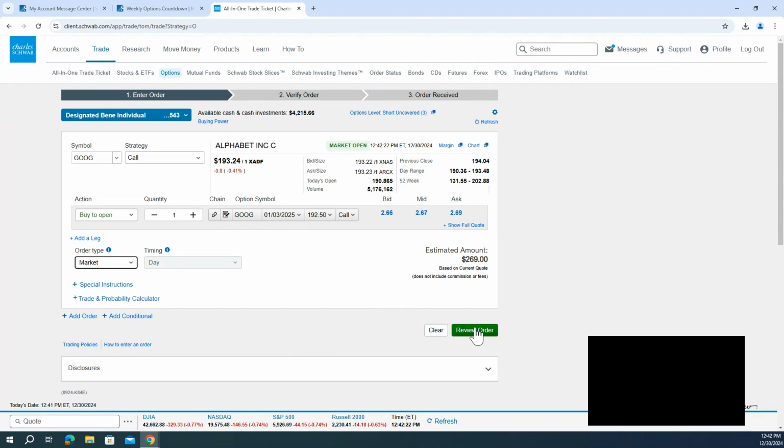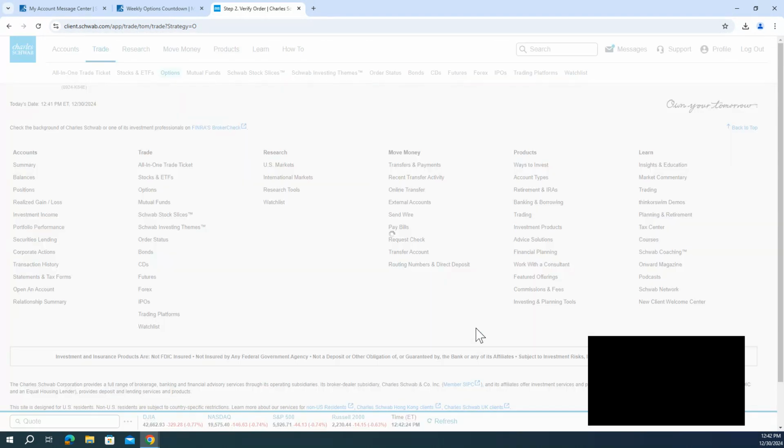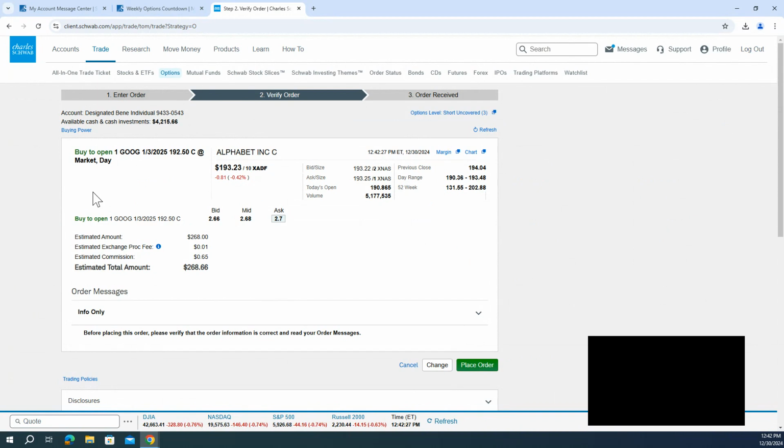So there you would review the order and confirm buy to open one Google contract for January 3rd, the 192.50 call at market. It's going to cost us about $268 plus our 65 cents per contract for a total charge of $268.66. And then we would select place order.